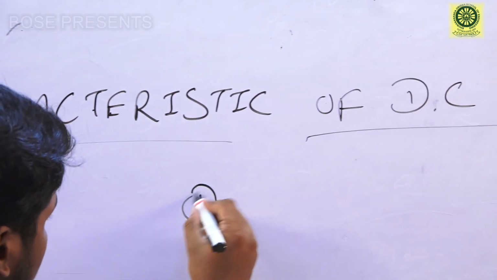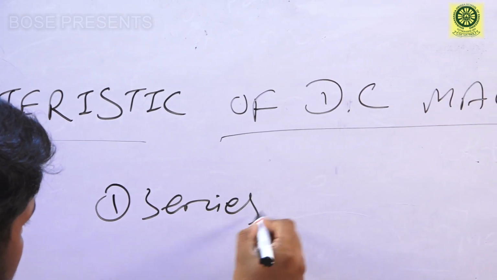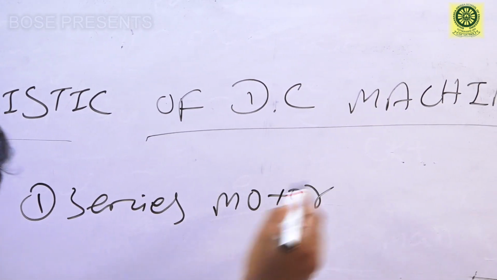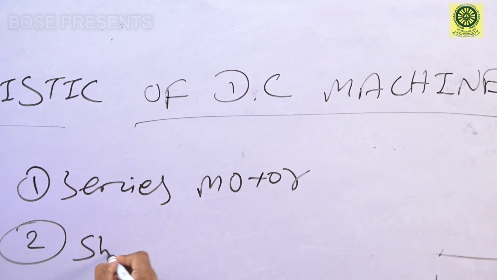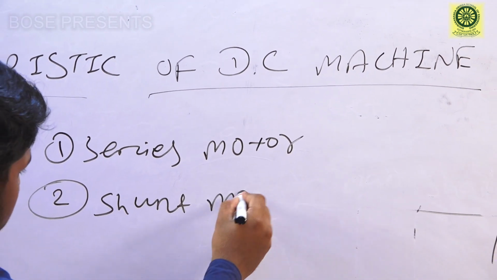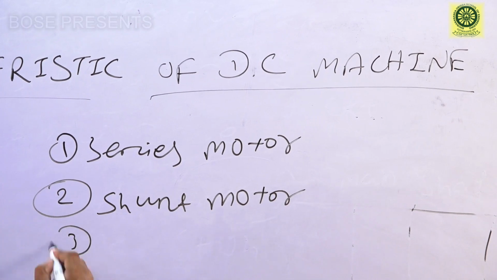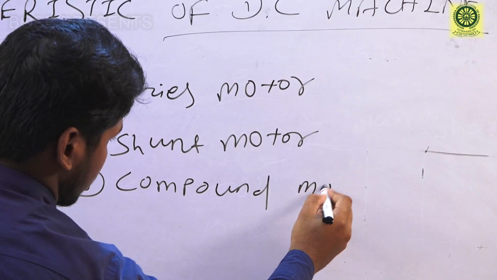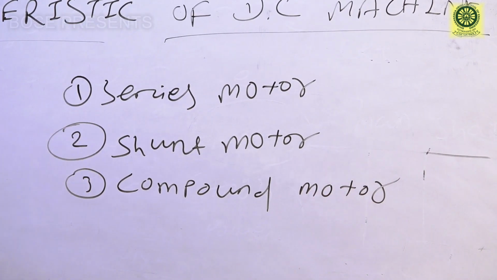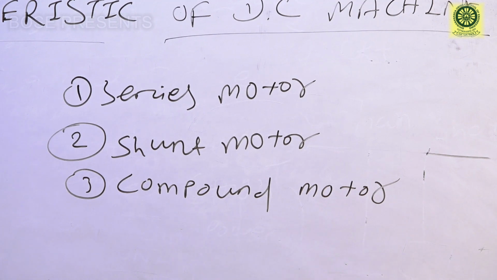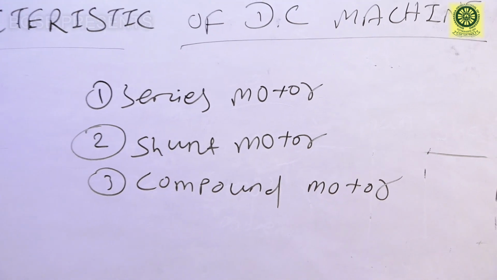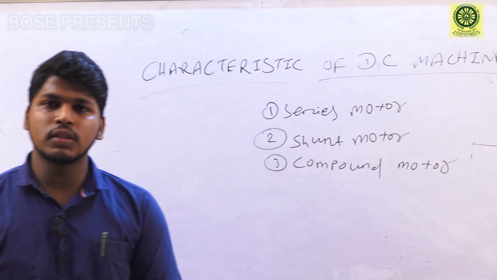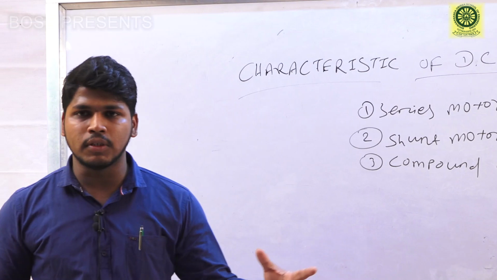And what does characteristic mean? The characteristic means, in between two parameters, the behavior of one parameter with the change of another parameter. This is the characteristic in between two parameters.